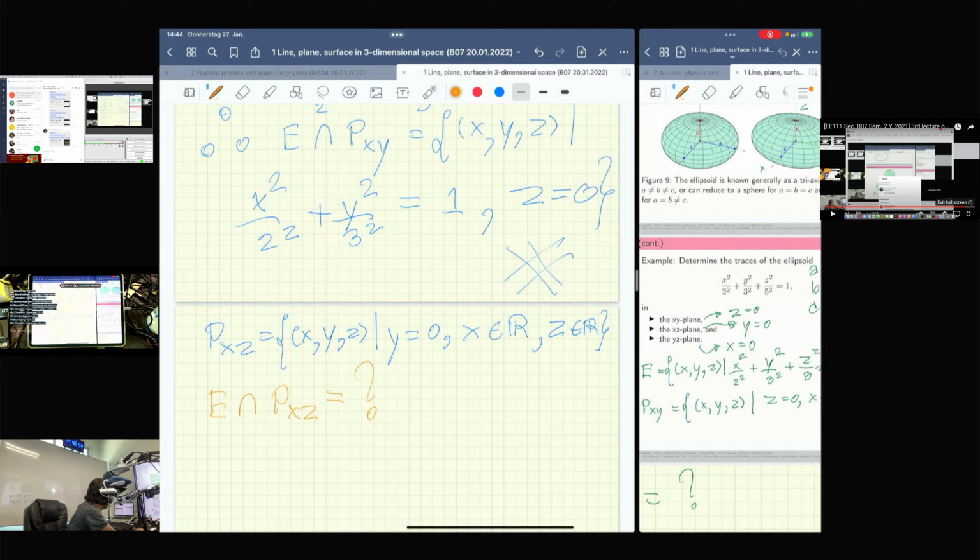If you don't know the name of this equation, just go to Google, right? Google is clever.